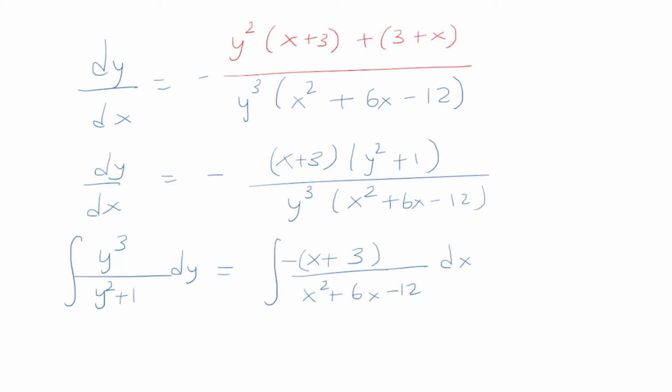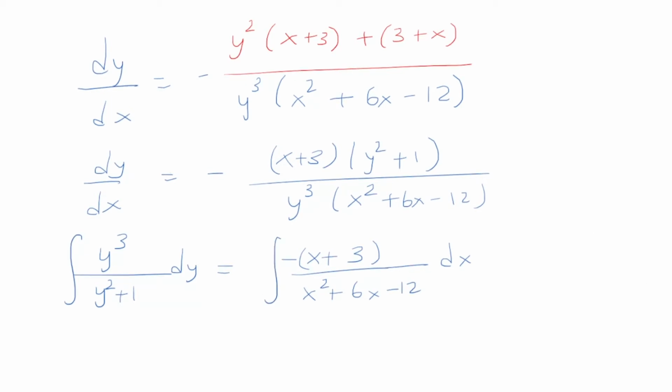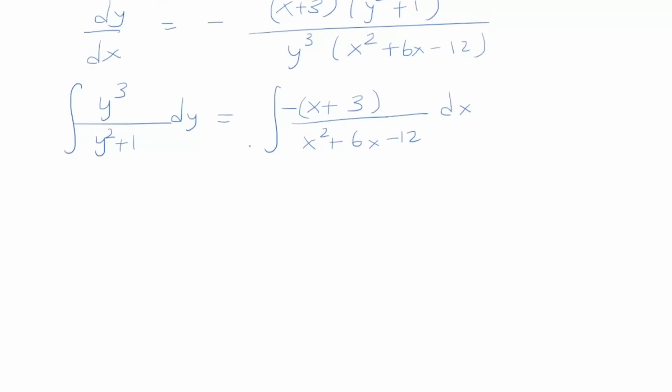So for the left here, I'm going to rewrite this. I have y cubed over y squared plus 1. So think of it like this. What is y cubed divided by y squared? That's equal to y. So if I take y times y squared plus 1, that's y cubed plus y.